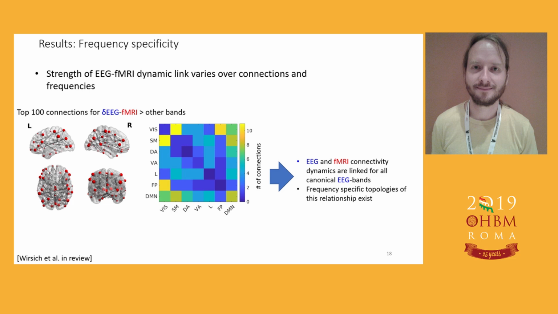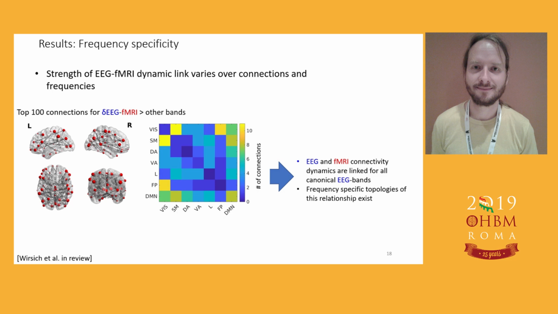So generally this is spread across all the brain, but then we can use those mutual information matrices and compare, for example, the delta band to all the other frequency bands, and then we can derive really specific patterns.